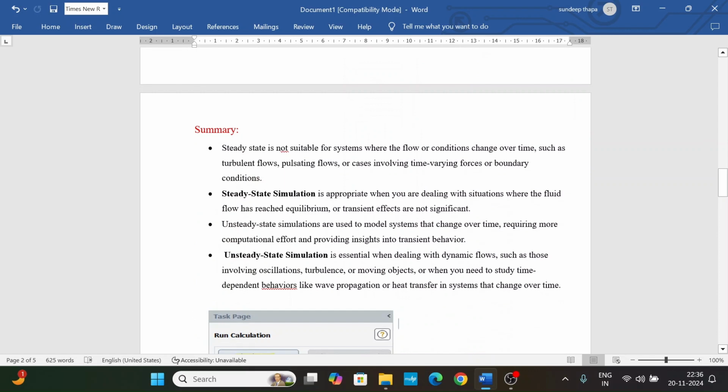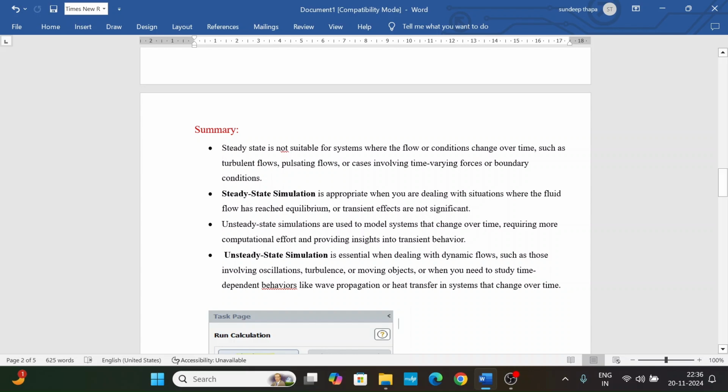So the summary: steady state is not suitable when the flow or the condition is changing over time, such as for turbulent flow, pulsating flow, or cases in which the boundary condition is changing.